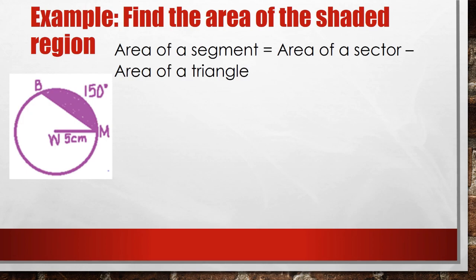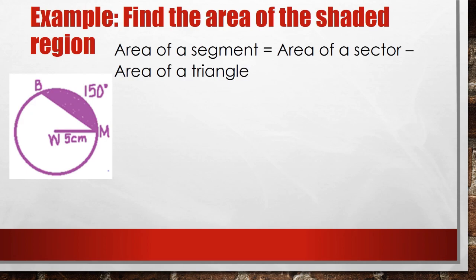Kung kukunin ko tong intercepted arc nila na BM, pati na rin tong 2 radii, pasok siya dun sa definition kanina ng area ng sector, which is composed of 2 radii and an intercepted arc. So, kaya gagamitin talaga natin yung formula ng area ng sector.